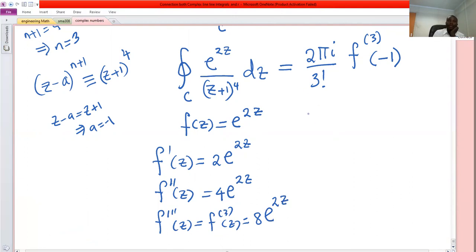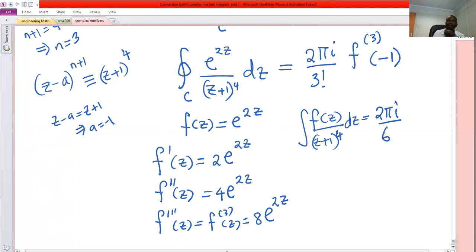So it tells us that now the integral of f of z over z plus 1 raised power 4 dz will be 2 pi I. So 3 factorial is just 6.